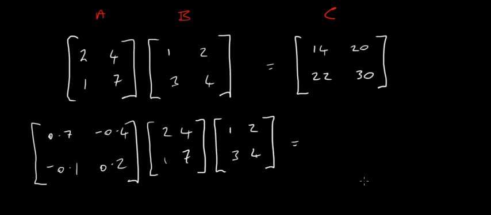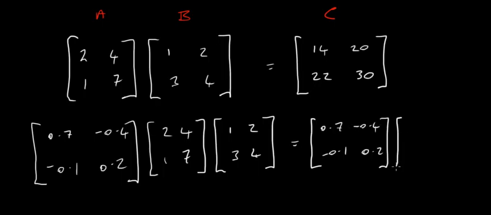And over here then, now I multiplied by the inverse, so I've got to multiply this by the inverse as well. So let's just write all that down. So we got 0.7, minus 0.1, minus 0.4, 0.2. I'm going to multiply that by 14, 20, 22, and 30.